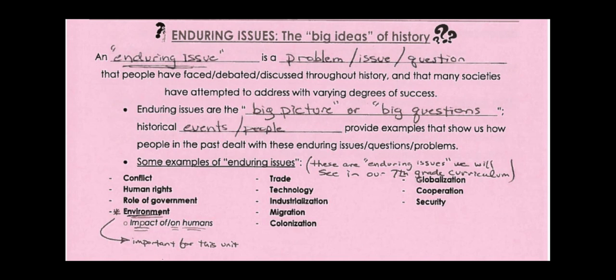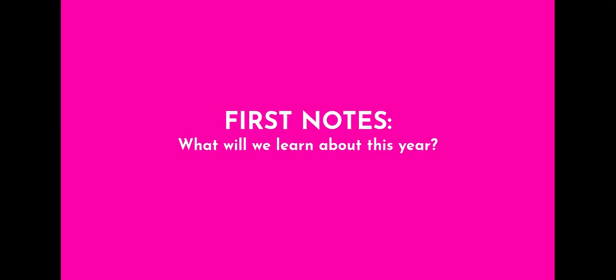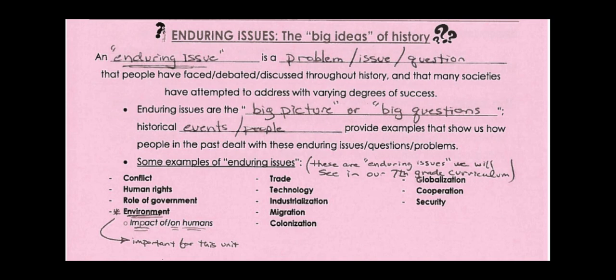An enduring issue, or enduring issues, I guess I used the plural. Enduring issues are the big ideas of history. So an enduring issue is a problem or issue or question that people have faced, debated, or discussed throughout history, and that societies have attempted to address with varying degrees of success. Enduring issues are the big picture or the big questions of history.